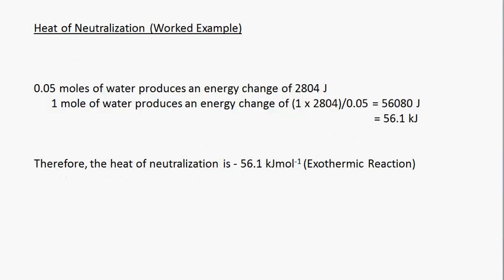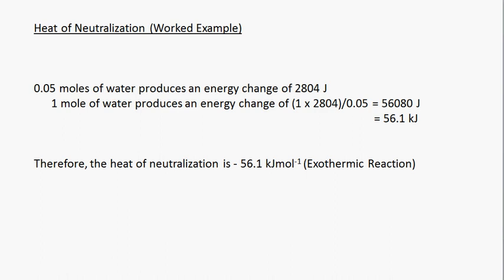Now, remember the definition for heat of neutralization. It is the enthalpy change when 1 mole of water is produced when an acid reacts with an alkali to neutralize. So 0.05 moles of water produces 2804 joules of energy.